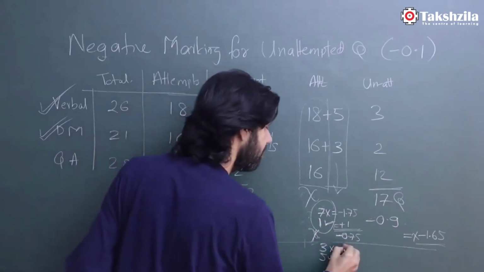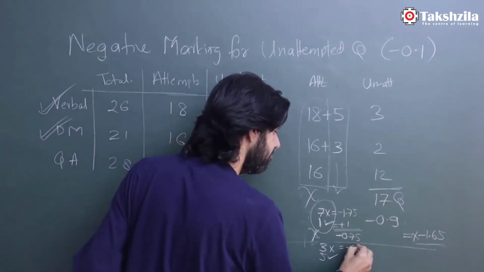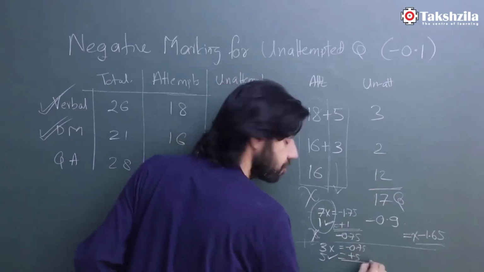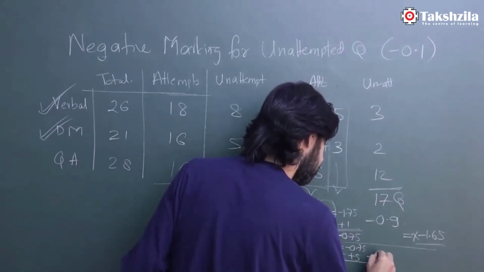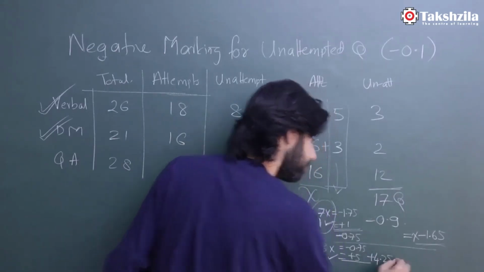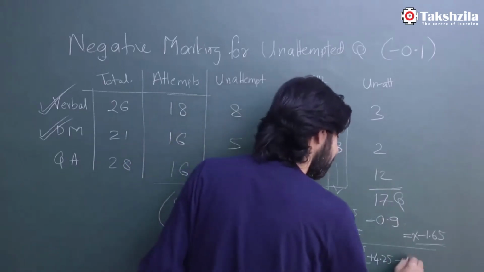So those 3 wrong will end up being minus 0.75. The 5 correct will end up with a plus 5. So you are going to get a plus 4.5. Sorry, 4.25. And a minus 0.9.